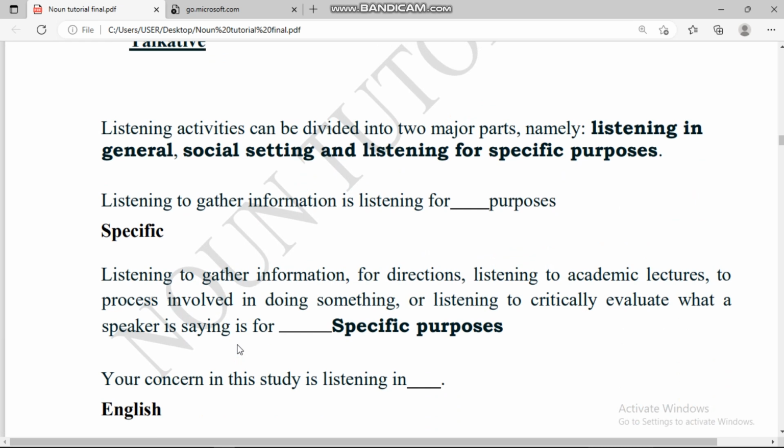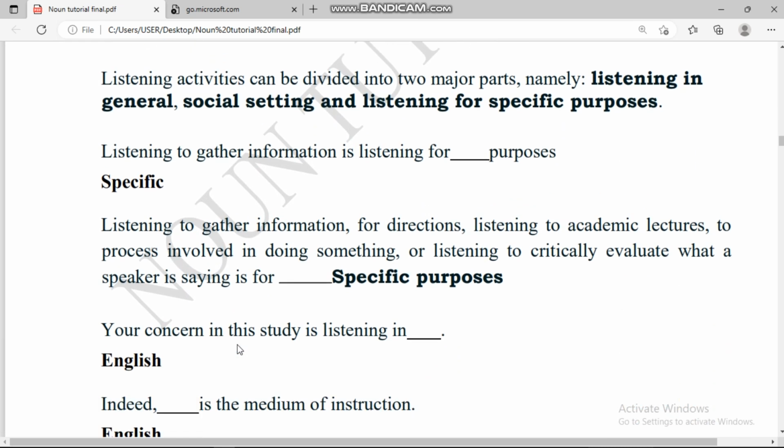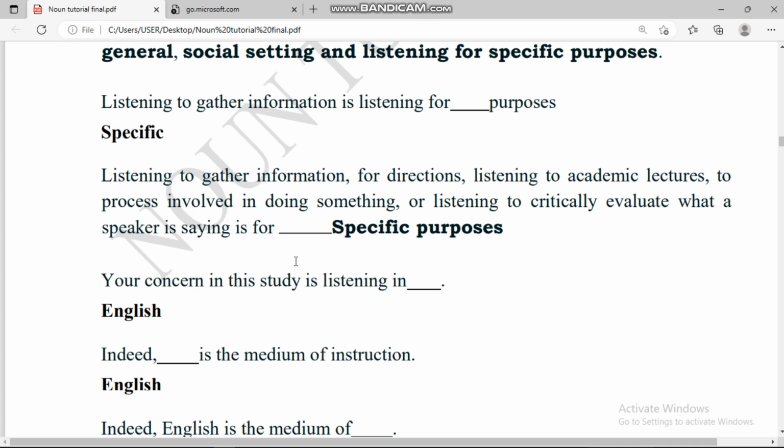Listening to gather information and direction, listening to an academic lecture, listening to the process involved in doing something, or listening to critically evaluate what a speaker is saying is for specific purpose.